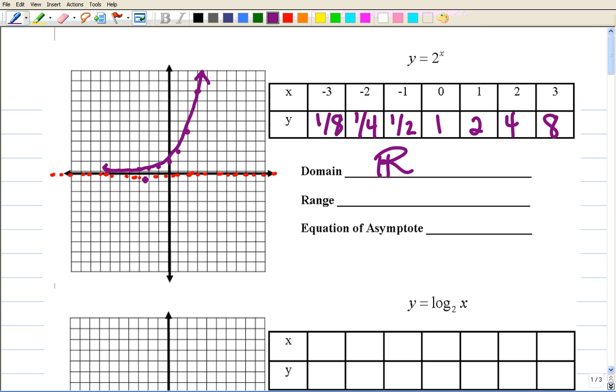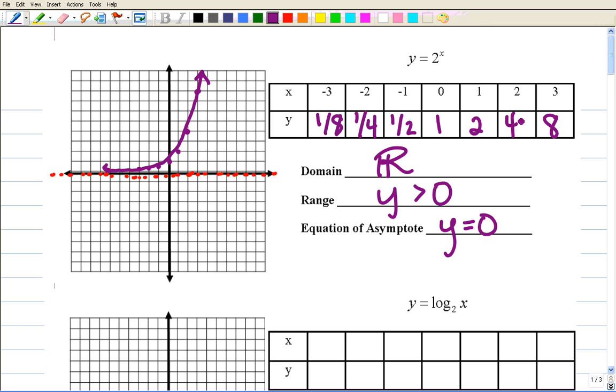So that is called an asymptote. And so the equation for this horizontal line, which happens to be on the x-axis, is y equals 0. And then the range, of course, looking at this, are all of the y values that are greater than 0, so that'll be y is greater than 0. It's not going to be equal to, because we can't be equal to it because the asymptote is at 0. So the range will be the y values greater than 0.